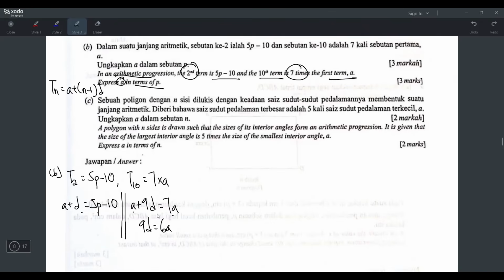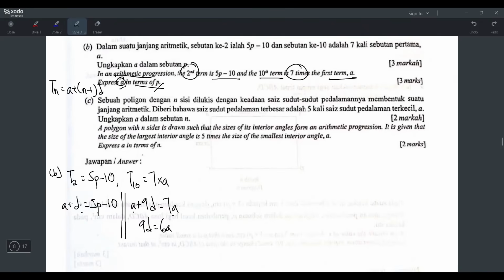But as you can see, they want small a in terms of small p. Look at this equation: does it have small a and small p? No, it has small a and small d. Then what about the other equation? It has small a and small p, which is good, but there is one troublesome thing here. This d is very troublesome. I hate this d so much because I want small a in terms of p.